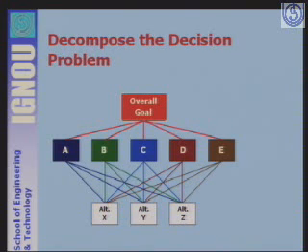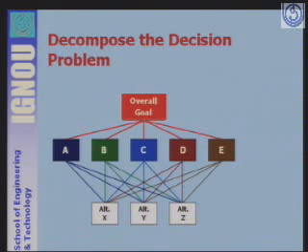Now you can see on your screen, this basically is a hierarchy. In this hierarchy, A, B, C, D, E are nothing but the criteria which you have identified for this problem. X, Y, Z are nothing but the three alternatives available to you. You can go back to the example I gave in the beginning, of newspaper selection. X, Y and Z are the newspaper options available, like Hindustan Times, Times of India and Pioneer.